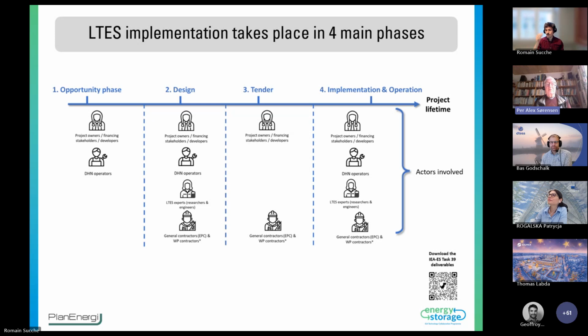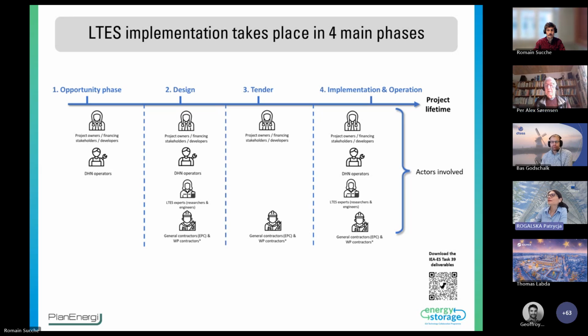But it's also possible to have a third party as owner of the storage. And if you do have that, then the operation might be by the third party. But it's difficult, because if you have a system with different producers, then you have to optimize the total system, and the storage is the optimization. So you have to be careful if somebody from outside shall operate.